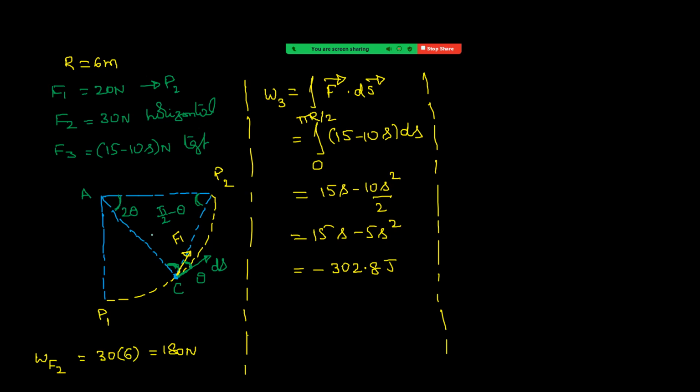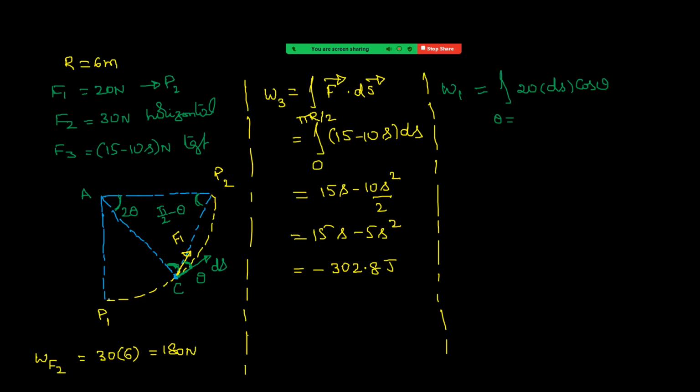Now see what we can do. The work done by that force, take it as W1, is the integral of modulus of F1, 20, into ds into cos of the angle between them. We take limits from theta equal to the angle between displacement vector and force vector.